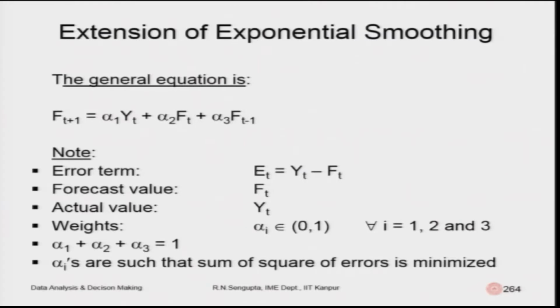Now, we will go into the extension of the exponential smoothing method. So, the general equation is, we will try to find out the forecasted value for t+1 time period based on the fact that you want to basically put weights, and these weights are alpha 1, alpha 2, alpha 3, alpha 4, whatever you consider, but obviously remember the fact the two main notions continue.